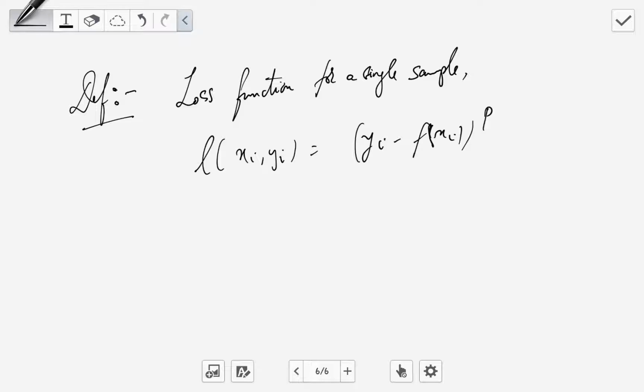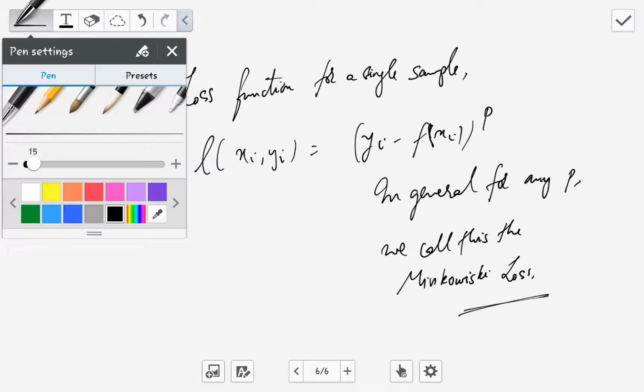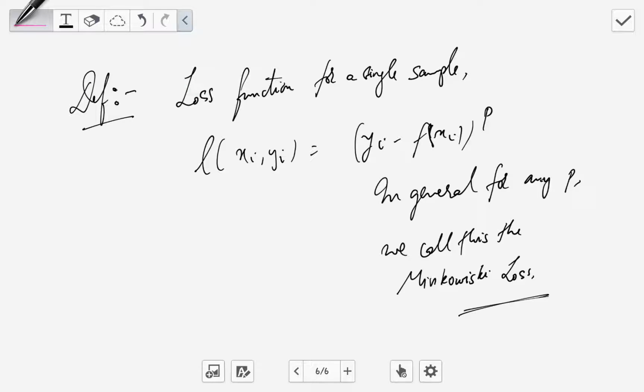This is in general for any p. We call this the Minkowski loss. This is the loss for a single sample.